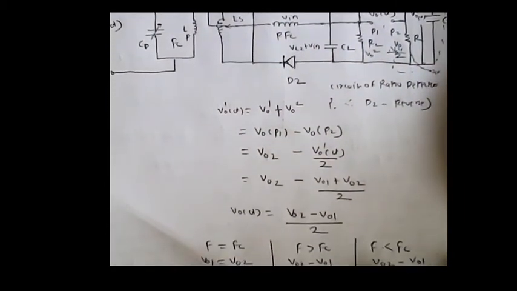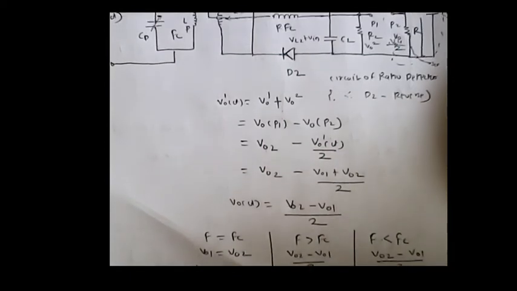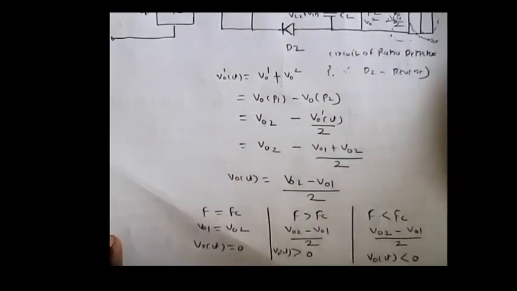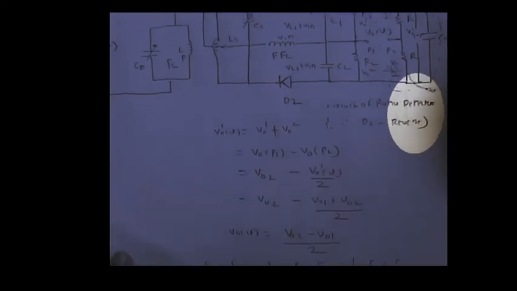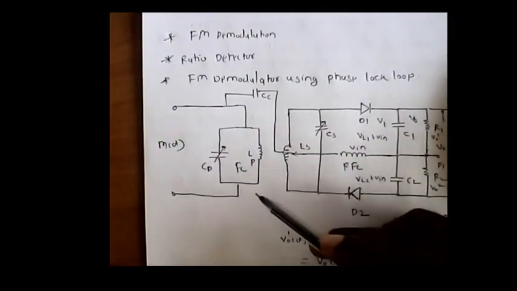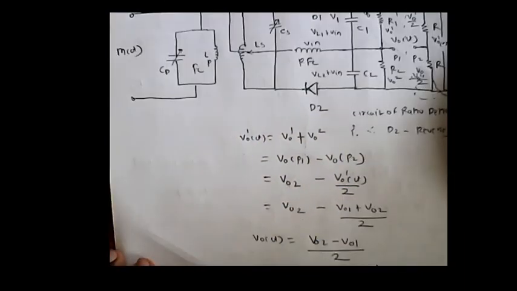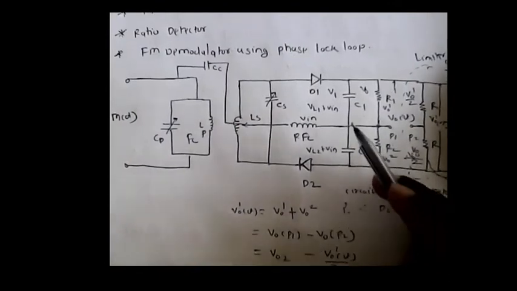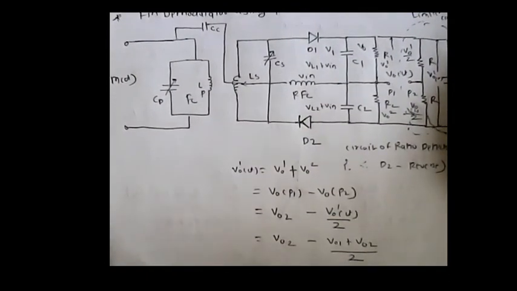So this is the output voltage, and the frequency appears in three different conditions. When the generated frequency is equal to the carrier frequency, the voltages at diodes D1 and D2 are equal, so the output voltage is 0.